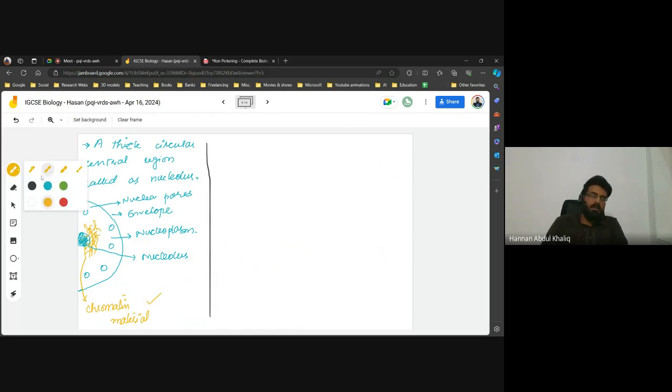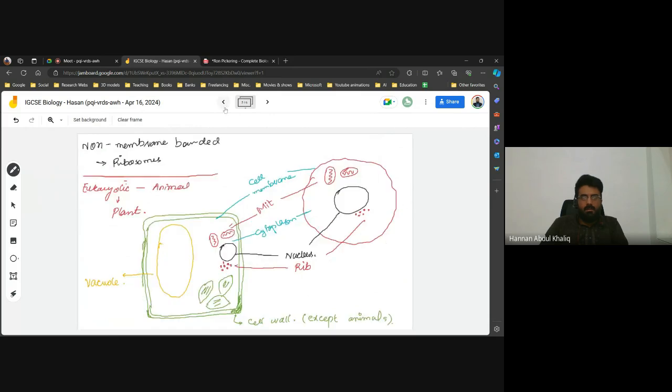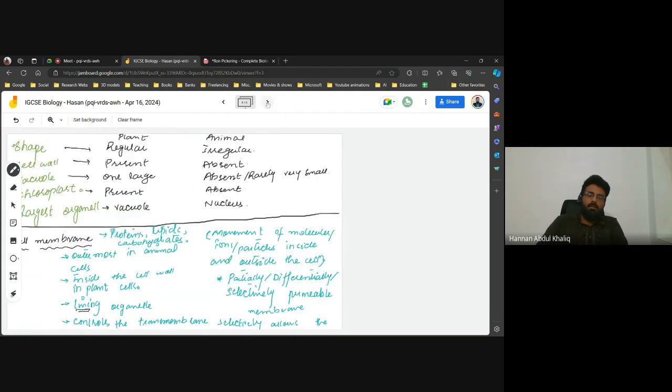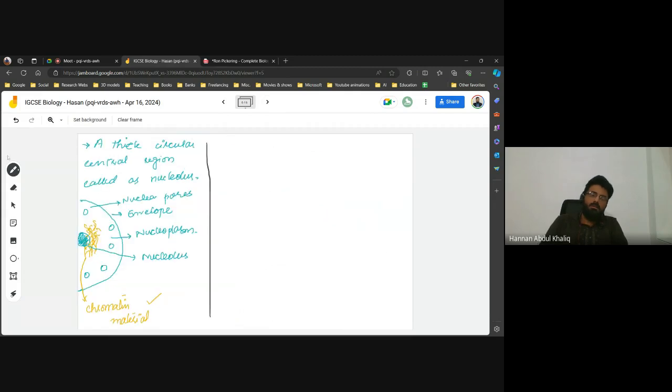Moving ahead, the next common organelles are the cytoplasm, ribosomes, and mitochondria. Cytoplasm we have discussed, so let's begin with the ribosome.